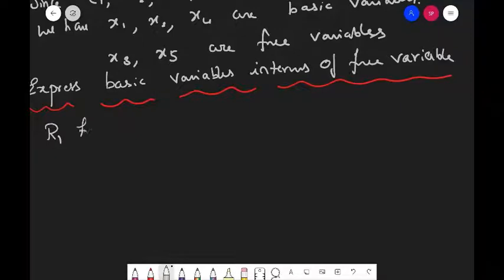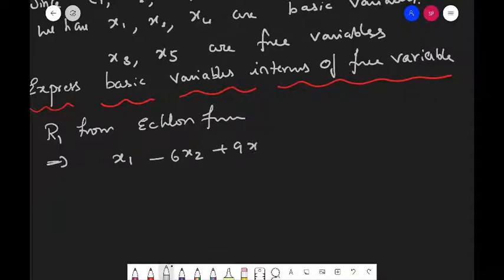R1 from echelon form implies I have the equation x1 minus 6x2 plus 9x3 minus 2x5 is equal to 0.